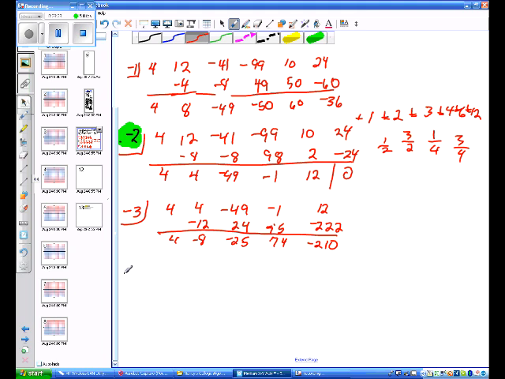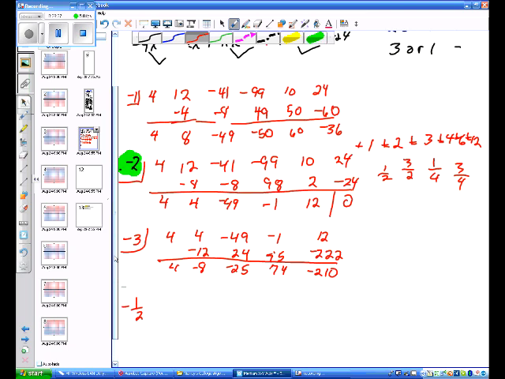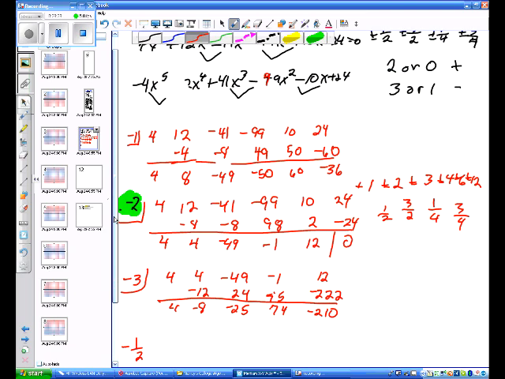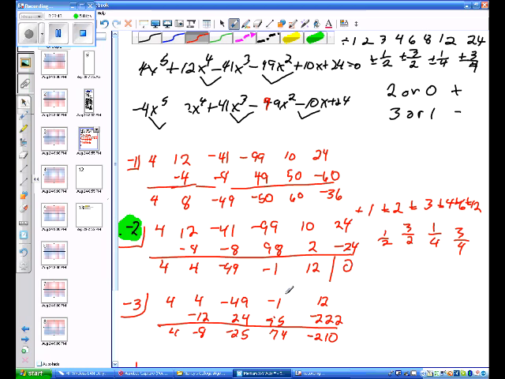So let's try the negative 1/2. And let's see if that even makes any sense on our problem that we had, and we're using the reduced one. If we plugged in a 0 for x, we would get a positive 12.